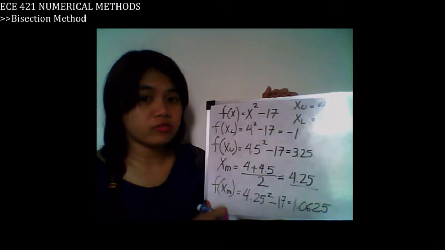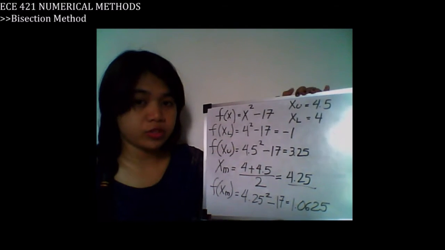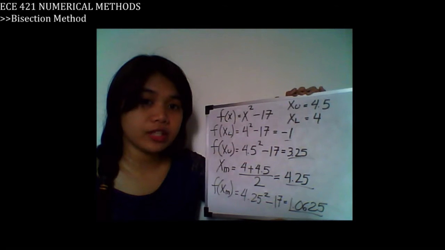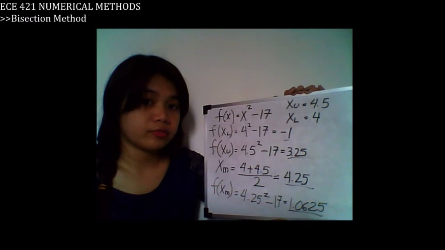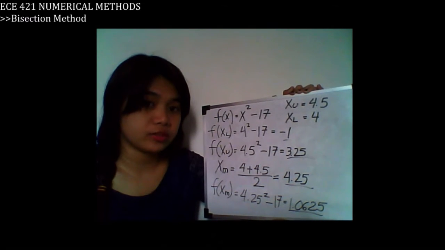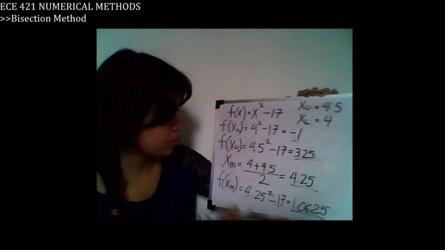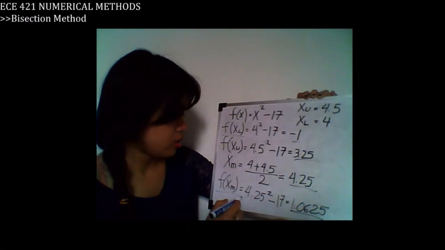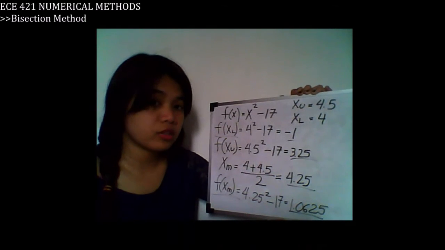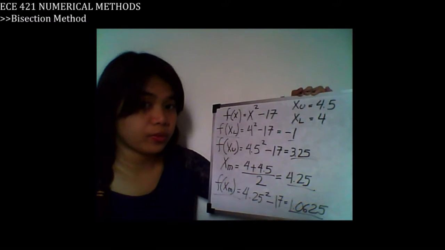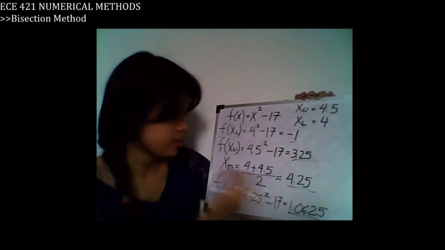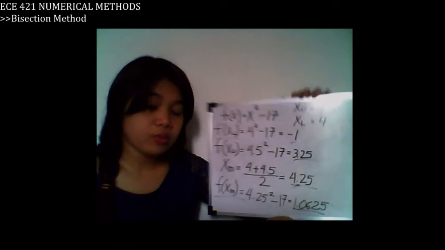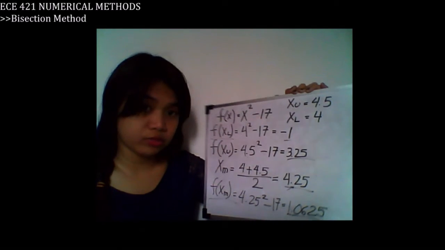Now that we have the values of the function of xm, function of xu, and function of xl, let's try to satisfy the first condition. So if we multiply the function of xl and the function of xm and its product will be less than 0, then the value of xm will be the new xu value.